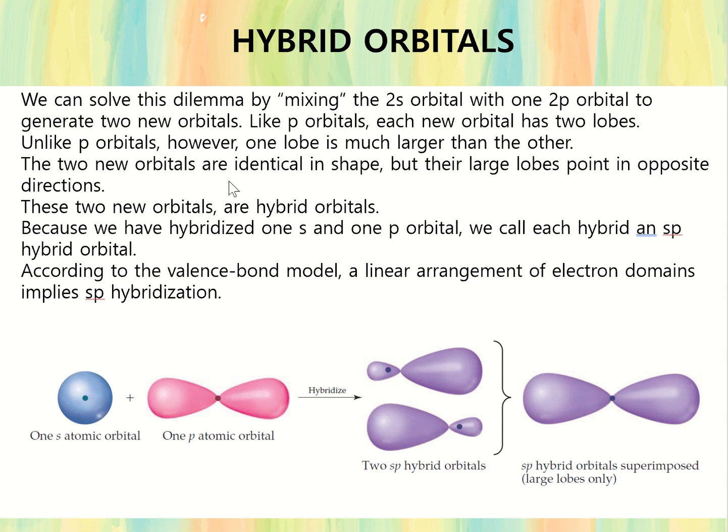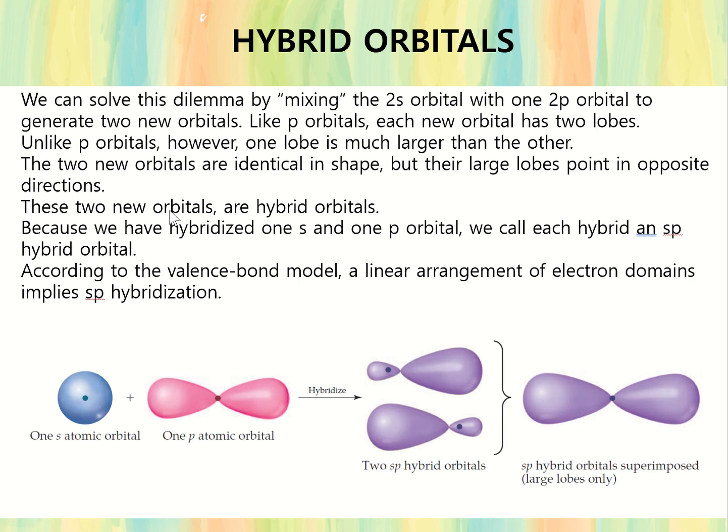The two new orbitals are identical in shape, but their large lobes point in opposite directions. So these two new orbitals are hybrid orbitals because we have hybridized one s and one p orbital. We can call each hybrid an sp hybrid orbital.